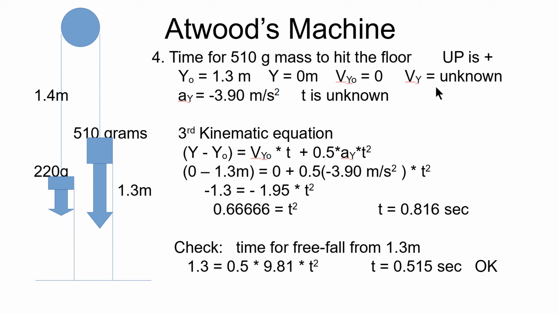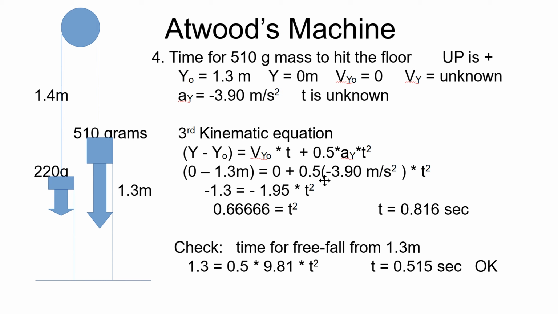So if you think about the 4 kinematic equations, the third kinematic equation, at least what I call the third one, is what we need. It does not have the final velocity symbol in it, and it has the t that we want to calculate. So y minus y naught: the final y is 0, the initial y is 1.3 meters. The initial velocity in the y direction is 0, we're starting from rest.